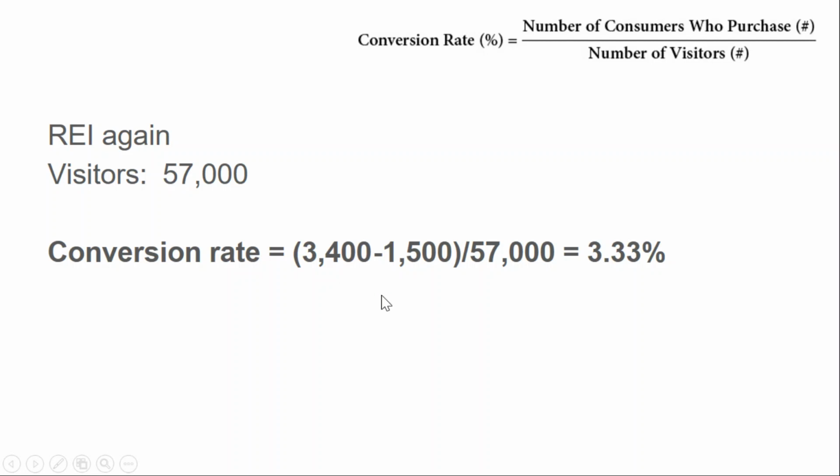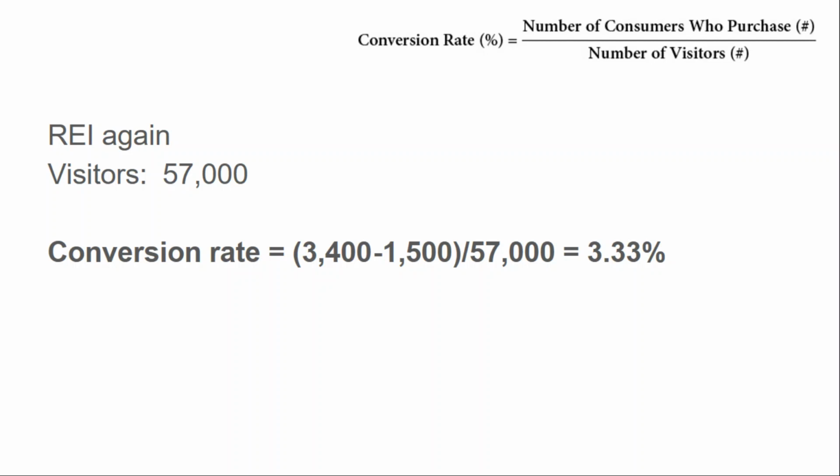So what I've done here is I've applied the abandonment rate example here. Okay, so basically you had 3,400 initiated baskets, you had 1,500 that never made the purchase. So the difference between those two is those who did make a purchase. You divide that by 57,000, you get 3.33%.